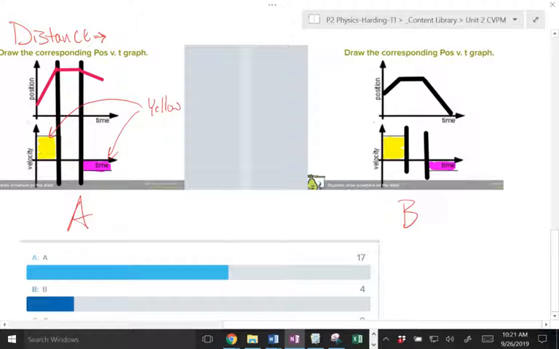the yellow area is bigger. Okay. The area between the graph and the axis that's yellow is bigger. So greater displacement for that part of motion, or however we want to say that.